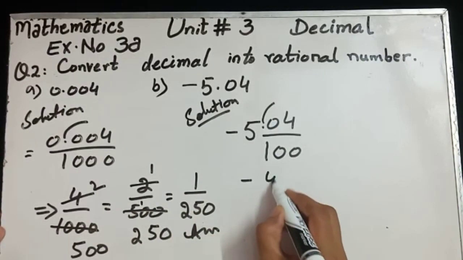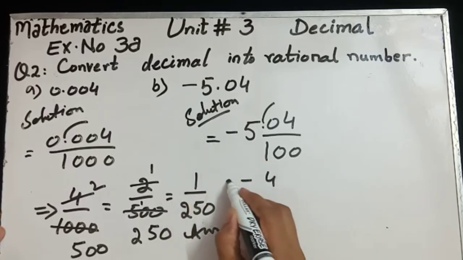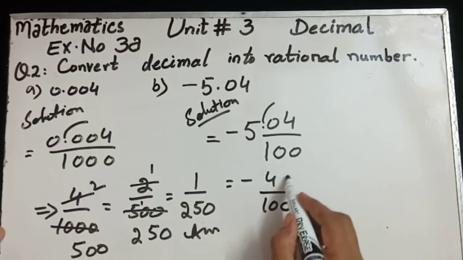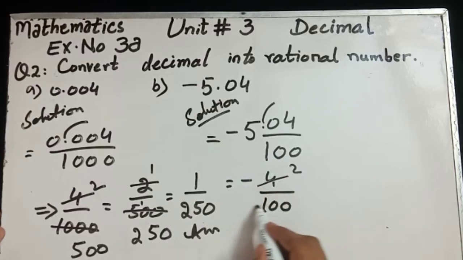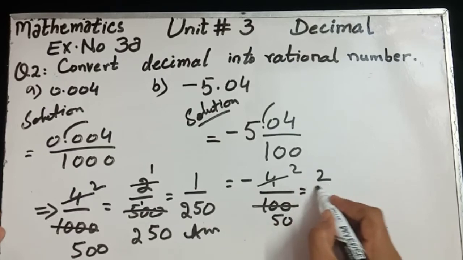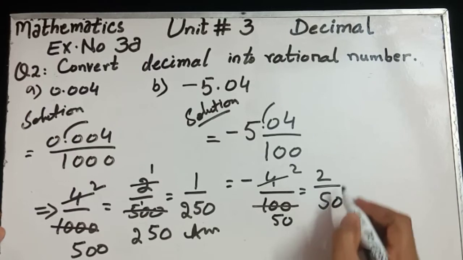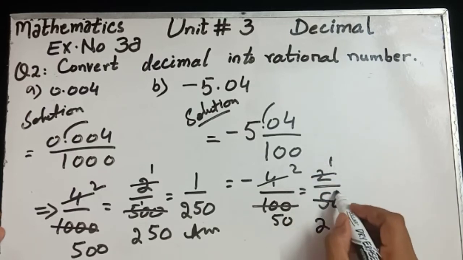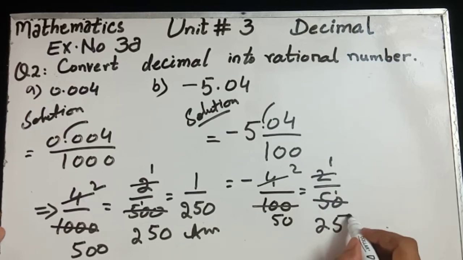Now 4 upon 100, reduce it. 2 2s are 4, 2 5s are 10, 0. 2 upon 50, further reduce it. 2 1s are 2, 2 2s are 4, 1, 2 5s are 10.